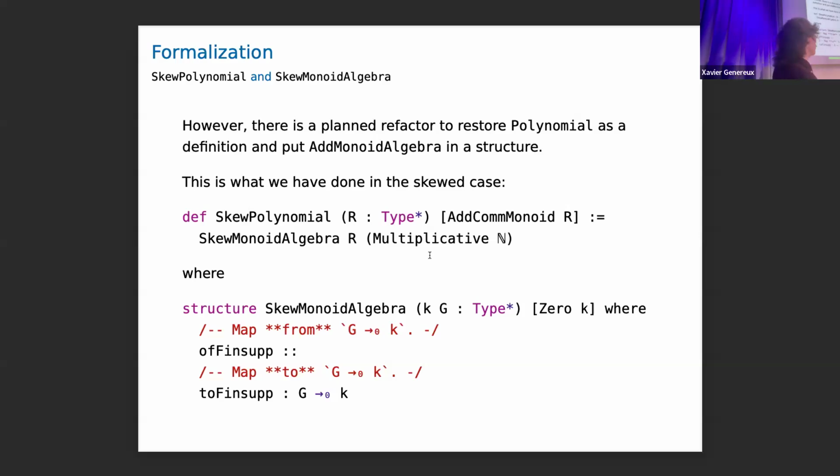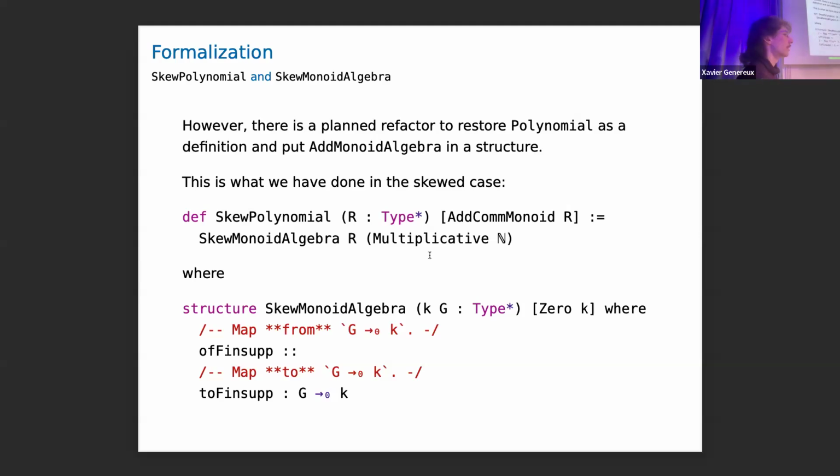So we did something a bit different. We preemptively did the planned refactor. This complicated things a lot because we couldn't carry over the proofs for polynomial as directly. We had to reformulate a lot of things. So this is partly why this took a lot of time. But now we have this.